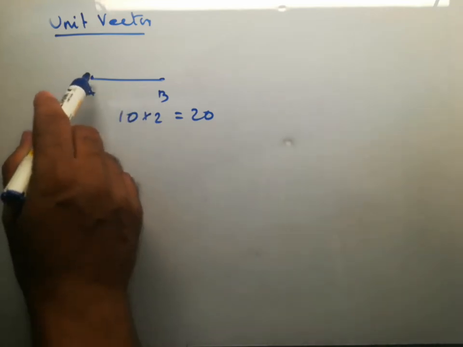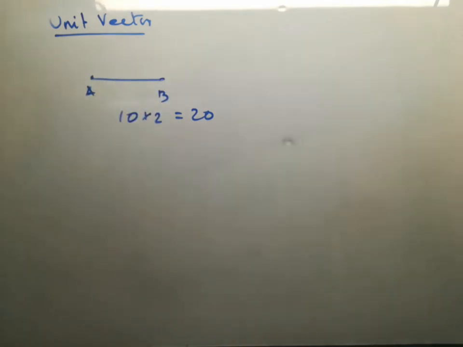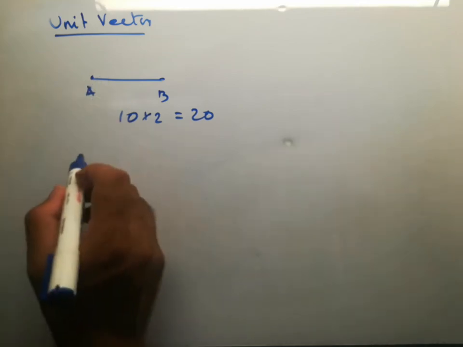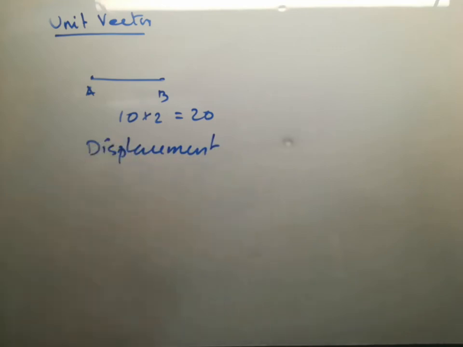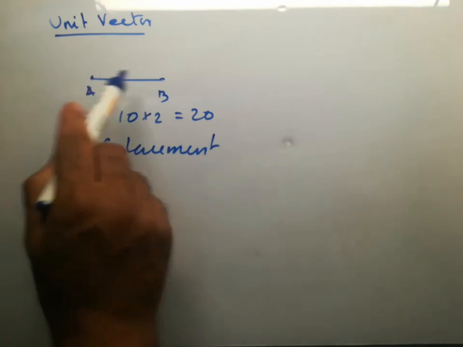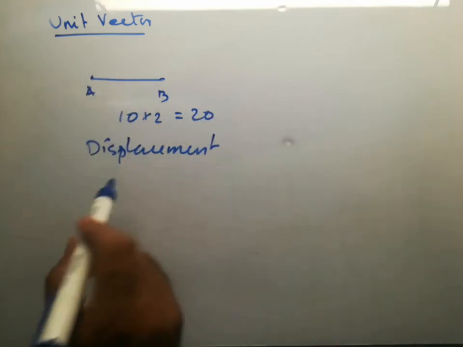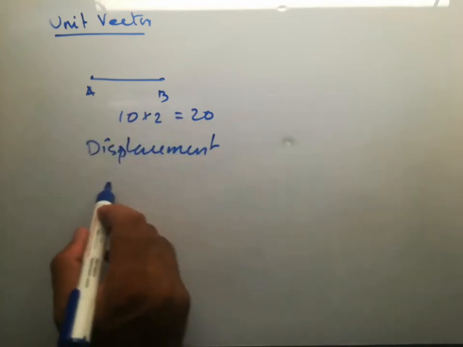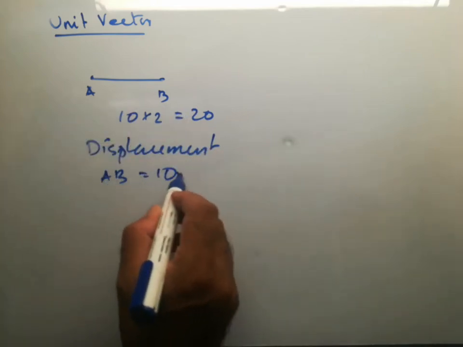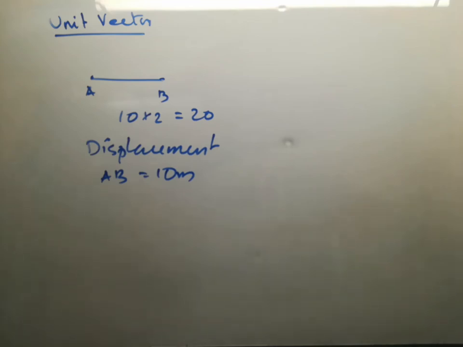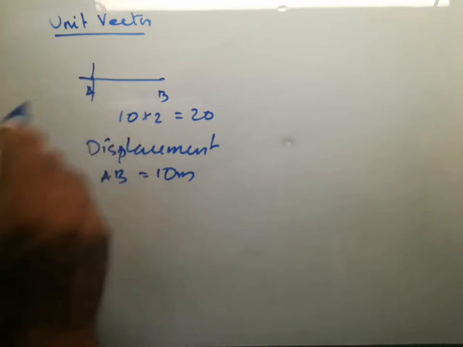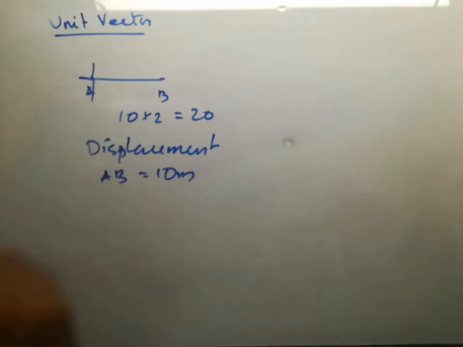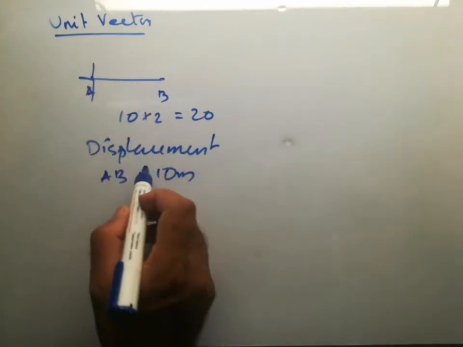But the same thing can be thought of as vectors. Then that will be called as displacement. That is, if a person is traveling from A to B, the displacement will be AB, and it is equal to 10 meters. If you consider A as the origin, he traveled through plus 10 meters.